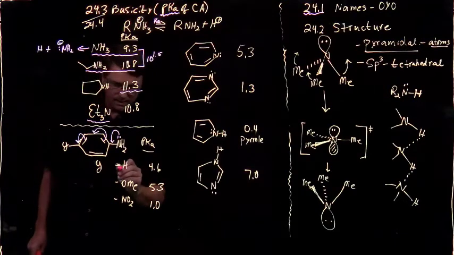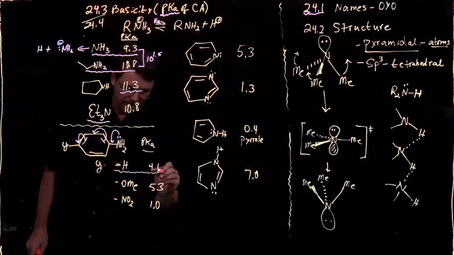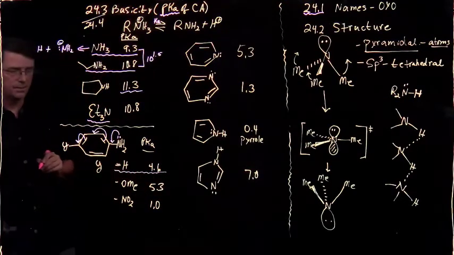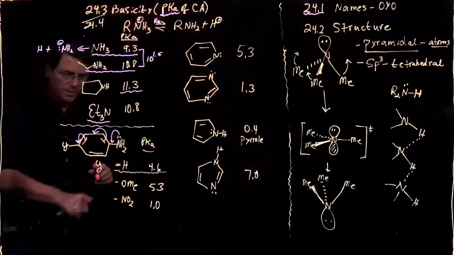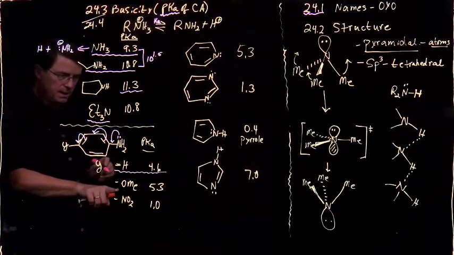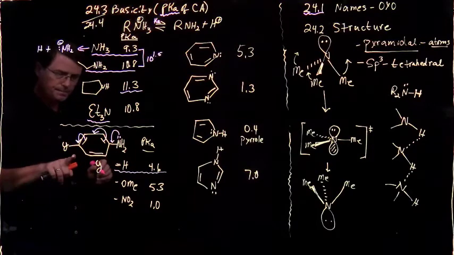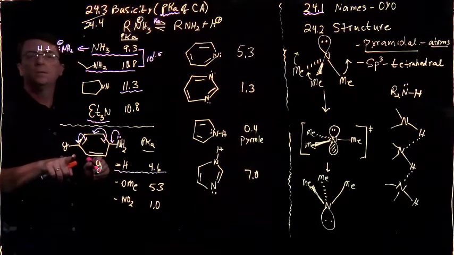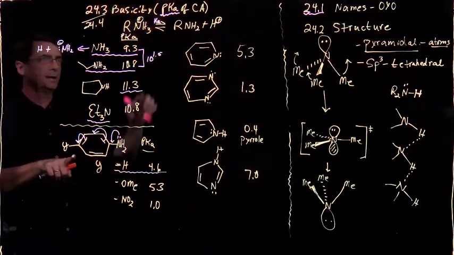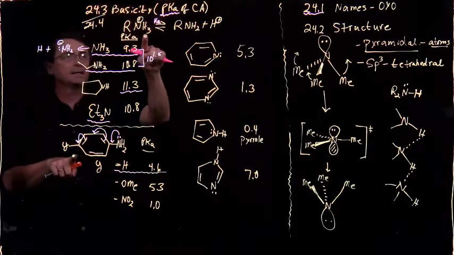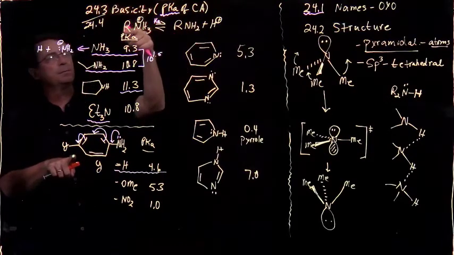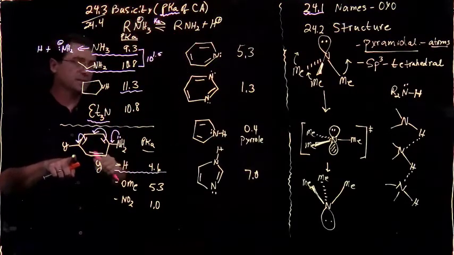So the baseline here is just simple aniline at 4.6 for the pKa. If we put a strongly electron donating group on it, we see that it becomes more basic. Now remember, it's more basic. That means this is a better base and the equilibrium shifts toward the left side.